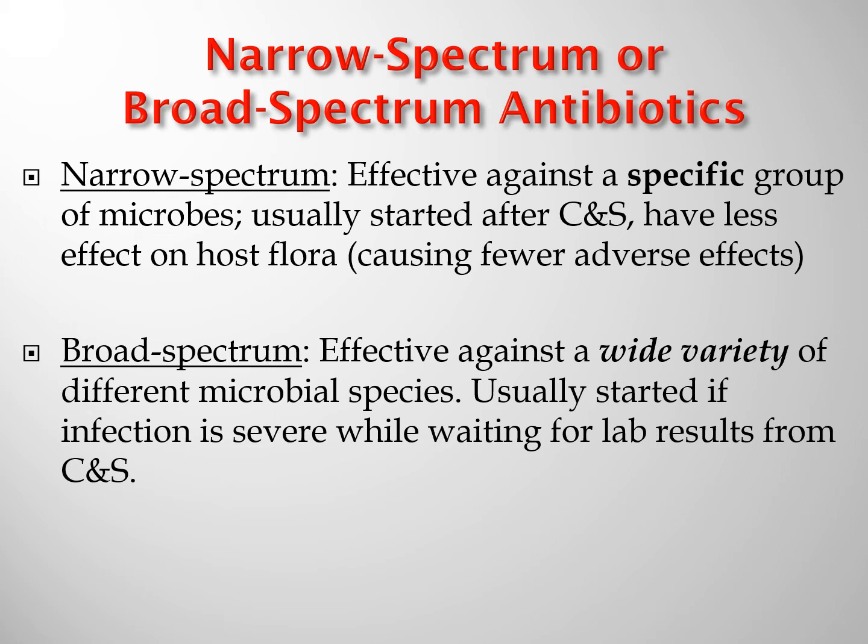So say for example you have someone with an infection where we just don't know the bacteria yet. They have a high fever, they're sick, they're coughing, they have a pneumonia, maybe their blood pressure is low because they're septic, and we don't know the exact bacteria yet.